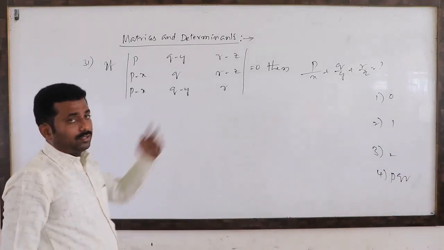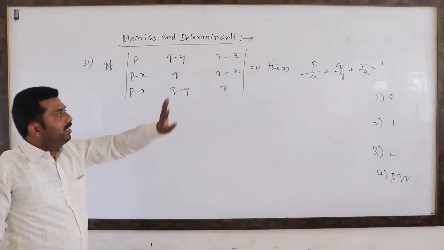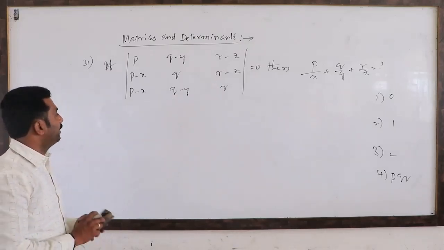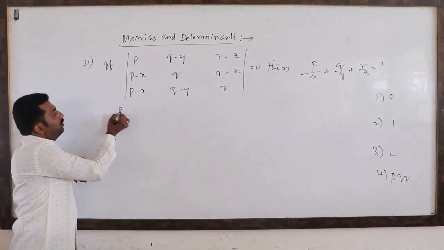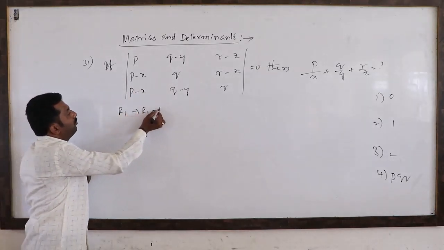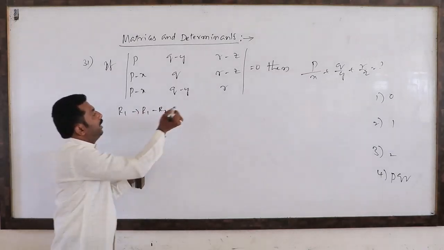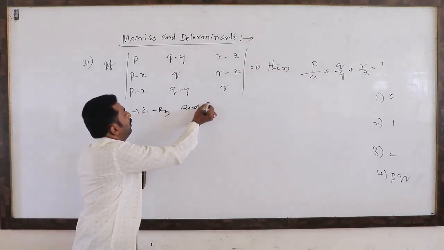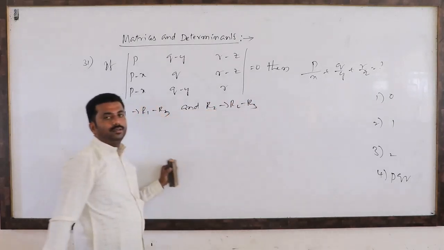Same as the previous question only. So P by X, Q by Y, R by Z, such types of terms we will get. See, R1 changes to R1 minus R3, and R2 changes to R2 minus R3.